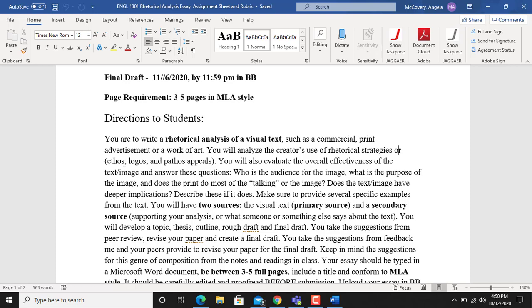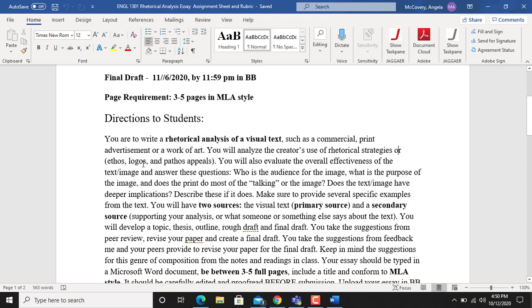And so those audiences, us, those viewers, they want to appeal to our desire for a certain lifestyle, to buy into their brand. So ethos is that.